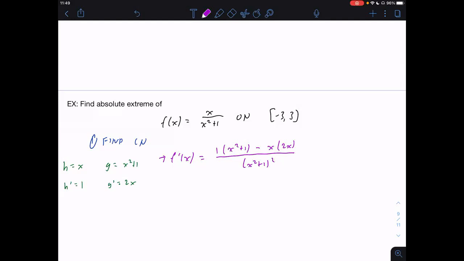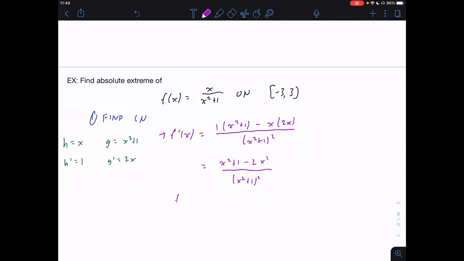All right, so let's simplify this a bit. So we're going to have, let's see, x squared plus 1 minus 2x squared over x squared plus 1 squared. Combine the like terms, we get our first derivative here: x squared minus 2x squared gives us negative x squared plus 1 over x squared plus 1 squared.